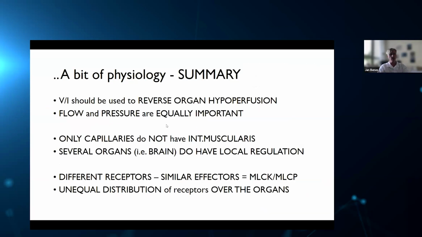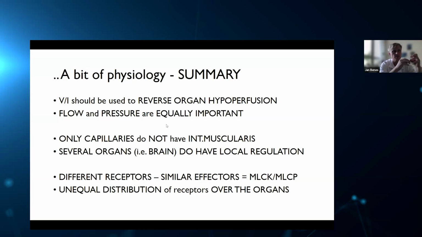So I should summarize the physiology. Important is that we have these substances to reverse organ hypoperfusion. We cannot say flow is more important than pressure. There are two sides of the coin, and they are equally important. Important is that only capillaries don't have a muscular layer, so they don't have smooth muscle and don't react to constriction.